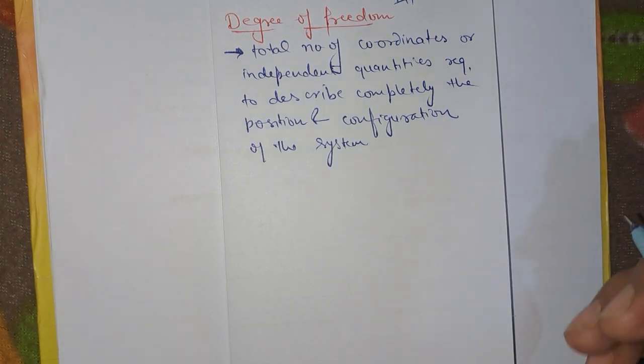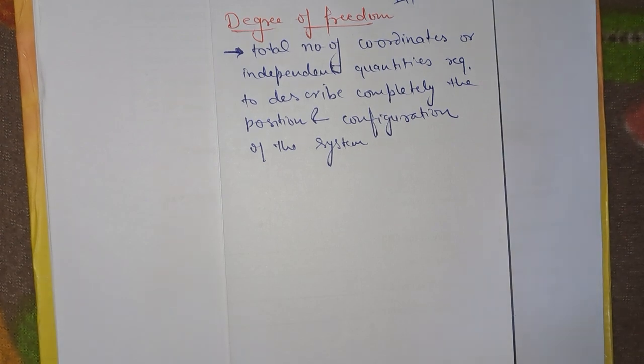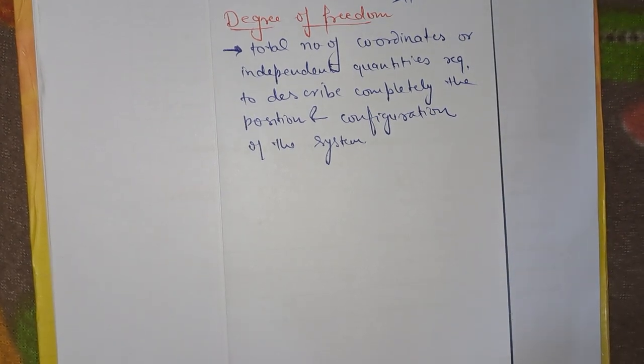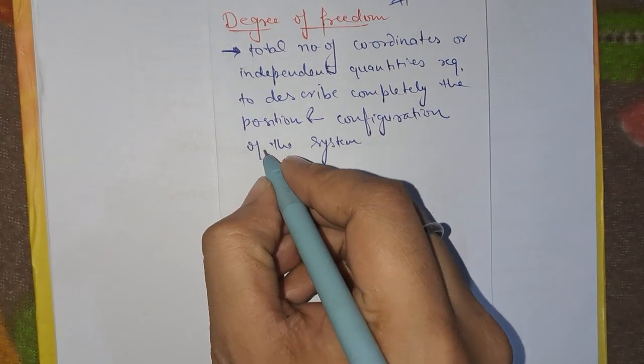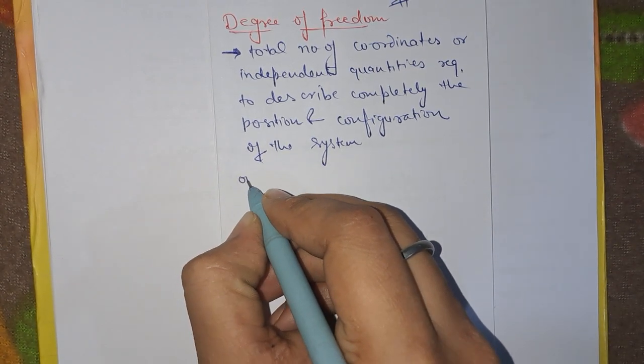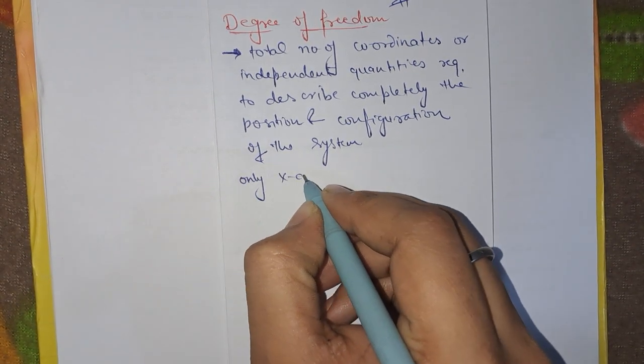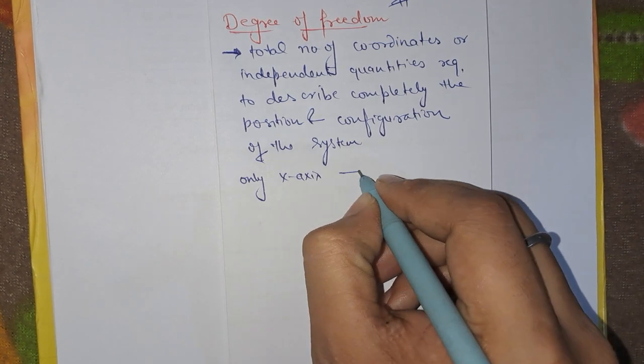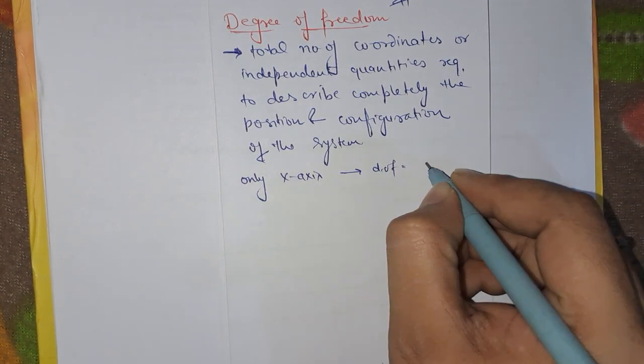So how do we define this degree of freedom in numerical values? For understanding this, let us say only x-axis. So degree of freedom is just 1.